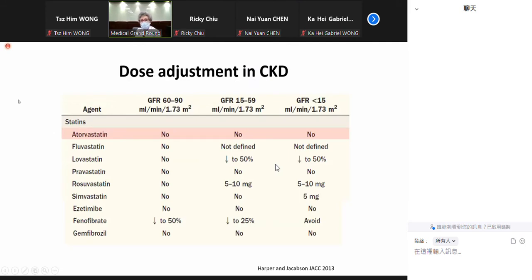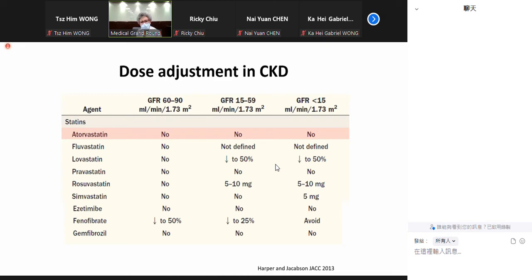So that is a little bit of the interethnic differences, explaining why rosuvastatin dosage should be reduced in Asian populations. Most people really should not be using 20 or 40 milligram of rosuvastatin. In fact, it is in the label that in Asian populations, the top dose is 20.